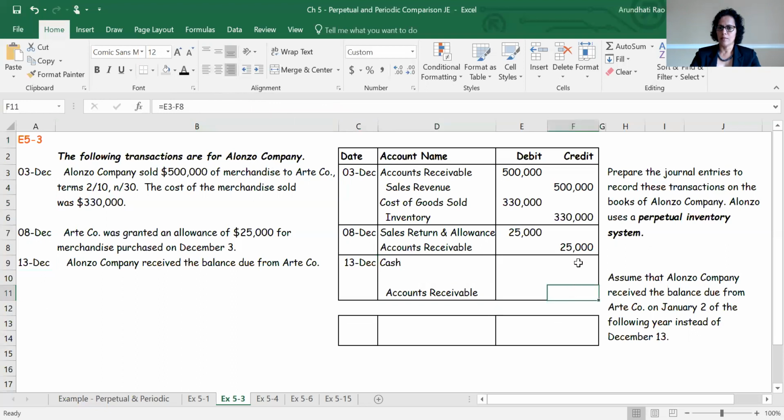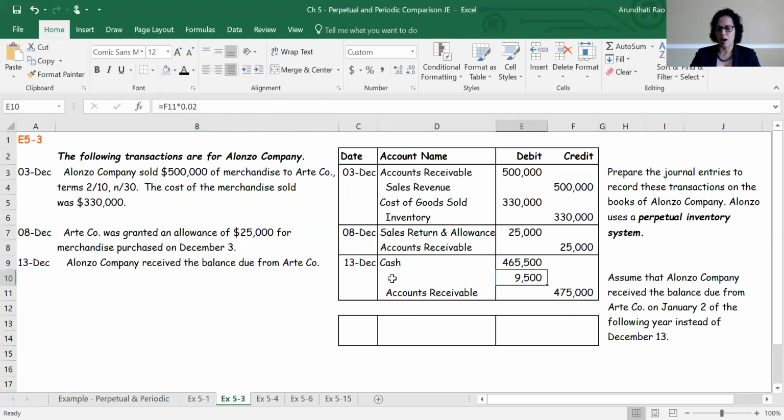How much do they owe me? They owe me 500 minus the 25. So that is 475. They're not going to pay me the full 475 because they're paying within 10 days. They get a 2% discount. So they're paying 98%. The remaining 2% is a discount I gave them.